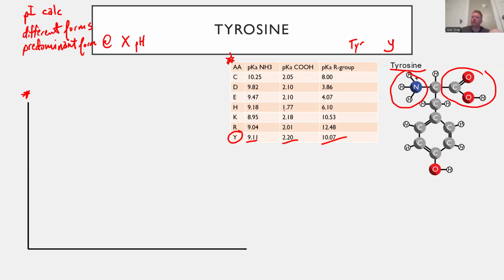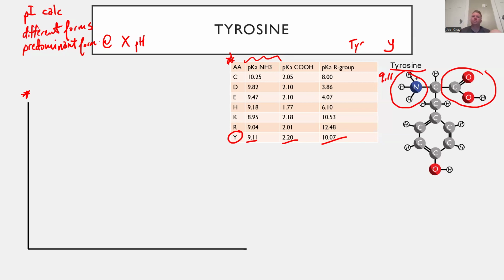Now, this is a little bit tricky because 9.11 and 10.07 are fairly close together. But if I keep in mind that the N termini is typically around 9, I'm going to go ahead and say, well, I'm guessing this is 9.11. If you look at the table, you can see pKNH3, well, it is 9.11. That's the column.